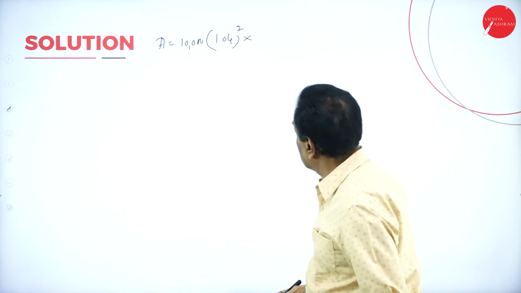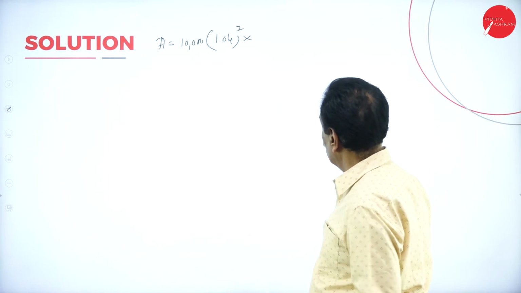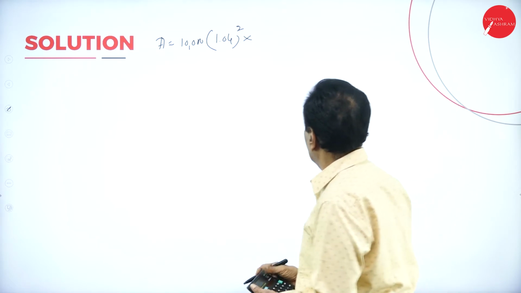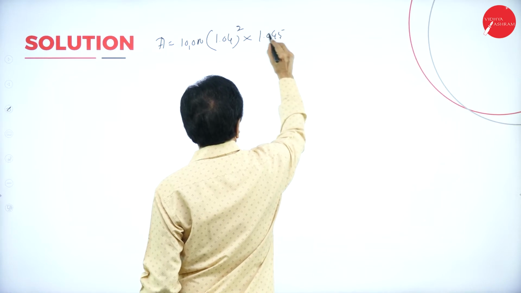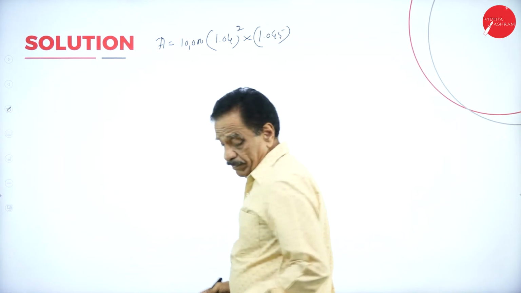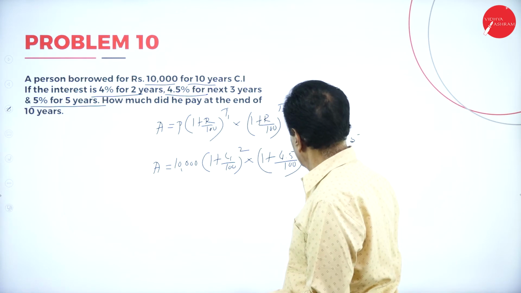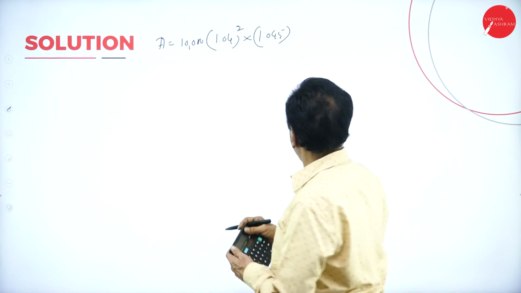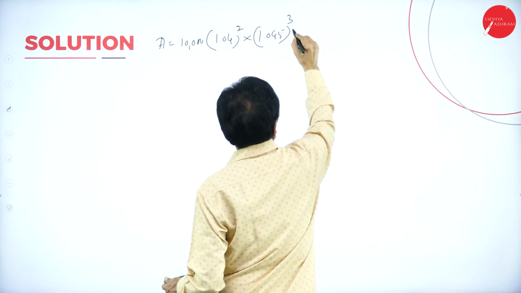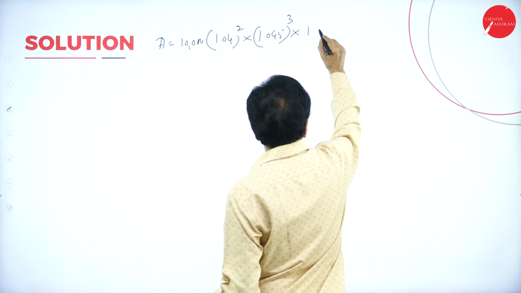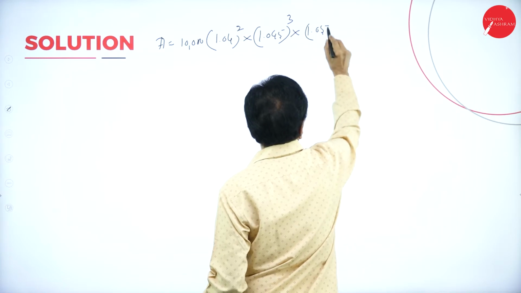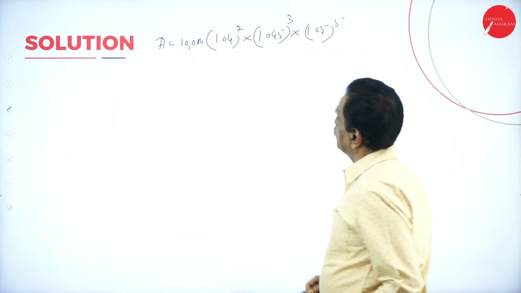Then the second one, 1.045 to the power of 3 years, into 1.05 to the power of 5 years.